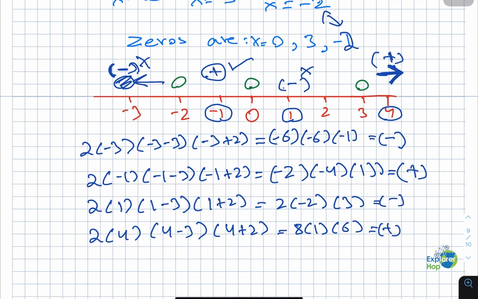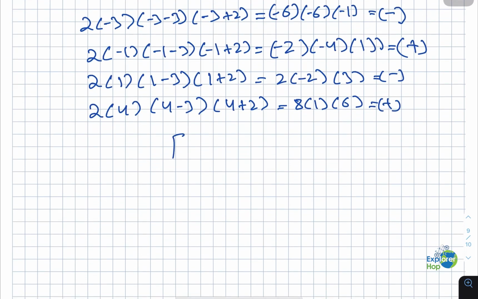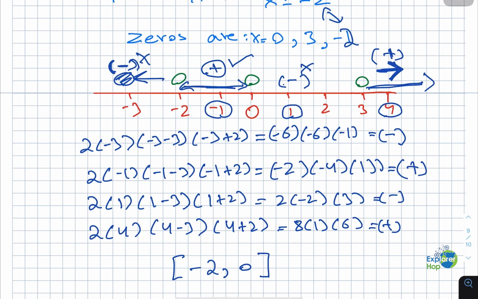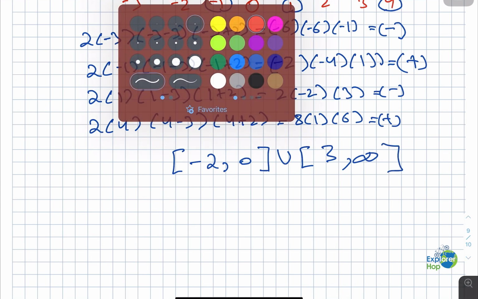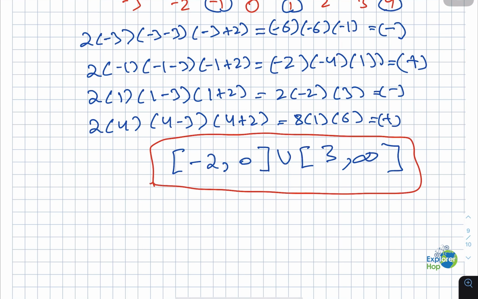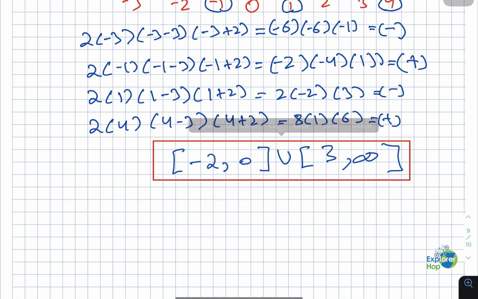Therefore, the two intervals that are correct are from minus 2 to 0, which is positive, and whenever x is greater than 3. So our answer is from minus 2 to 0, union 3 to infinity. And that's our solution.